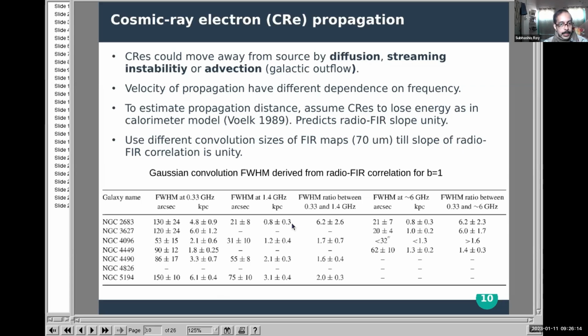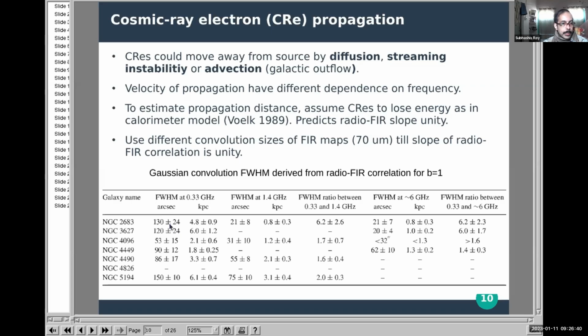You take FIR maps at 70 micron and keep on convolving them with different Gaussians until the slope of the radio-FIR correlation is unity. That is what is being done, because then it is believed that it is really the propagation, which is a convolution, and the convolution kernel here we have assumed to be Gaussian, and the Gaussian full width half maximum is shown here, as you can see for 2683.